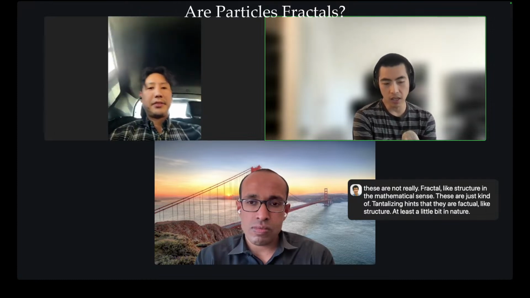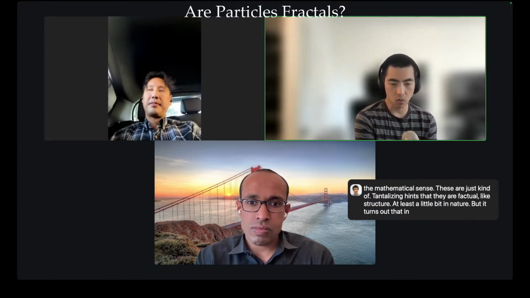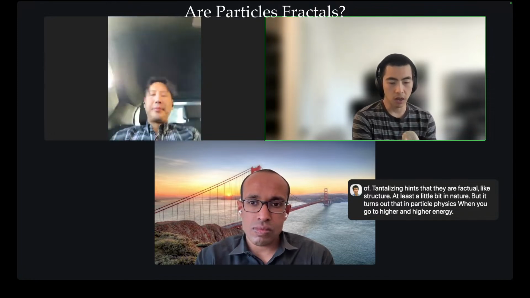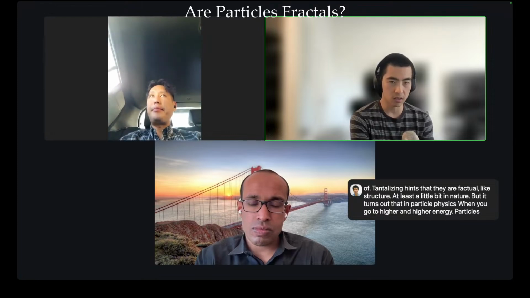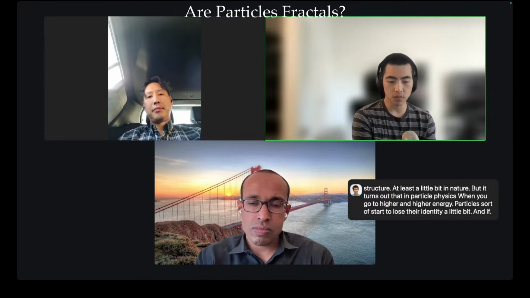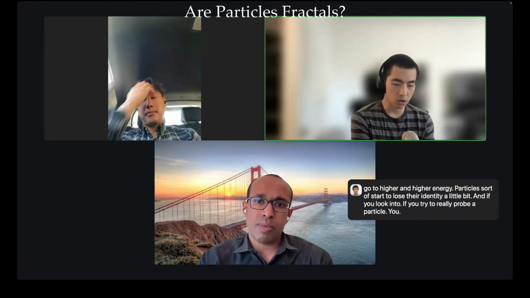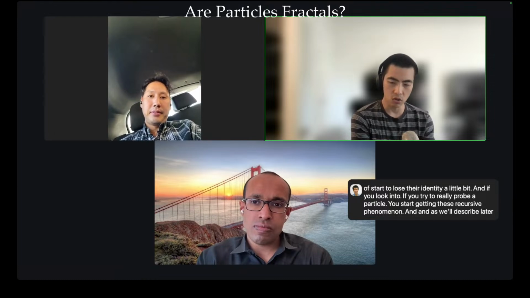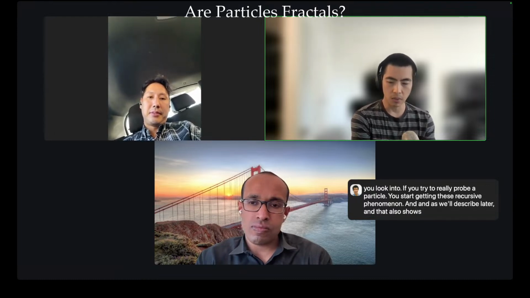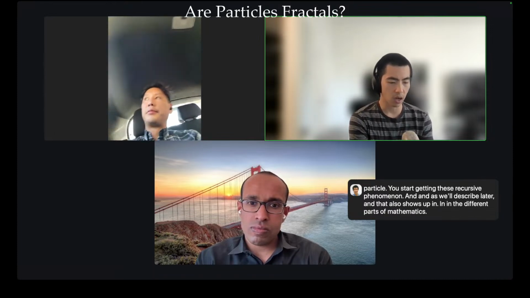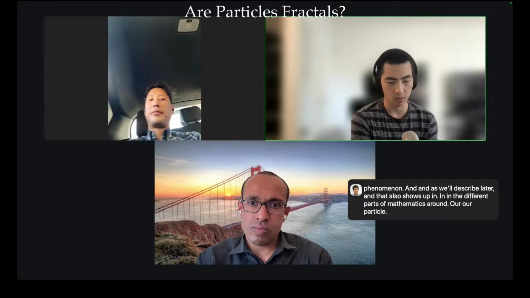But it turns out that in particle physics, when you go to higher and higher energy, particles start to lose their identity a little bit. If you try to really probe a particle, you start getting these recursive phenomena, as we'll describe later, and that also shows up in different parts of the mathematics around particle physics, like Feynman diagrams and whatnot.